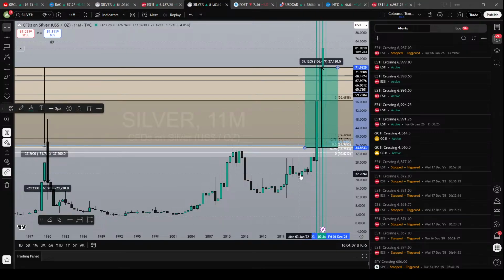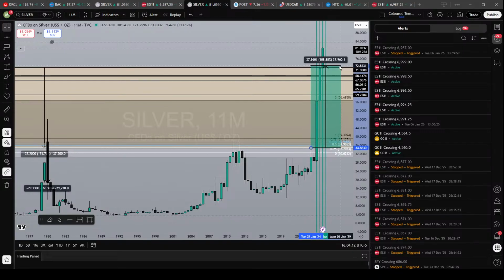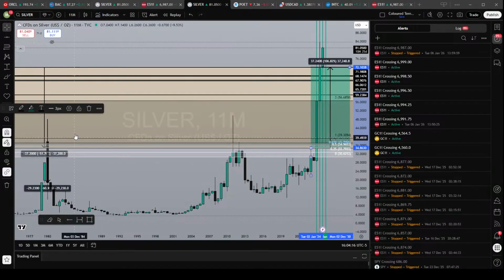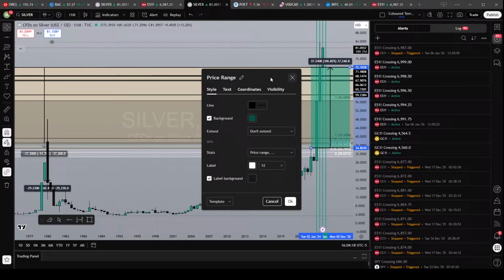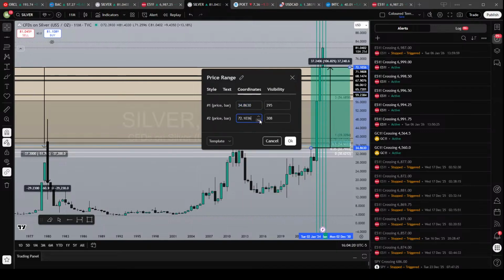Do you see that? Let's just use exact ranges. Hold on, it was 37.20, so close to here. Okay, close to this area here, okay? 72.